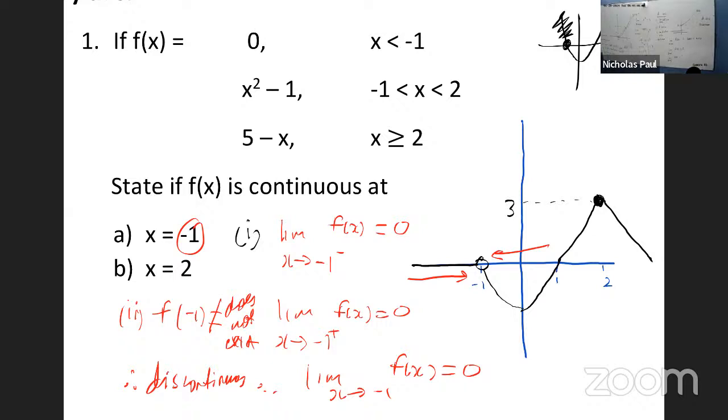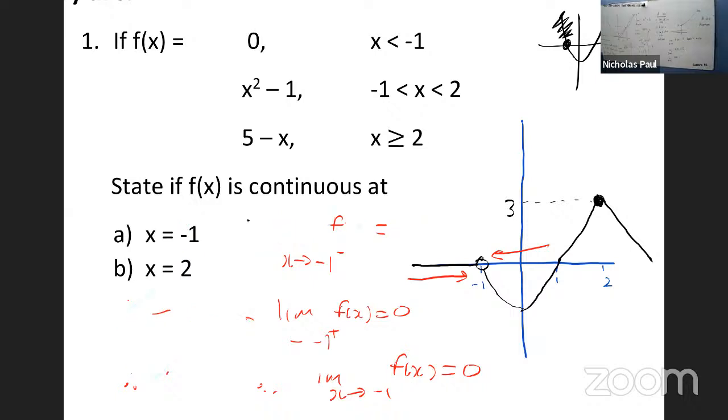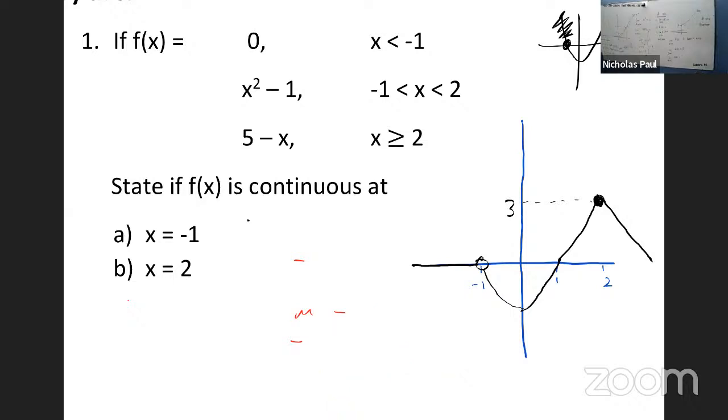Let's walk through this one here. Who needs some help? Anybody online can help me out here?